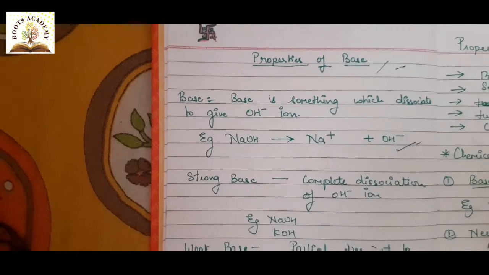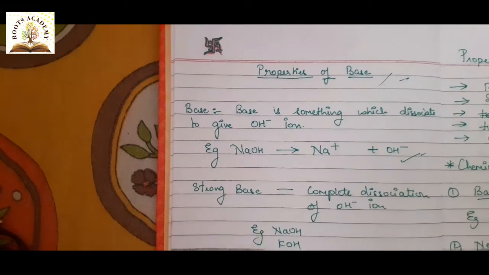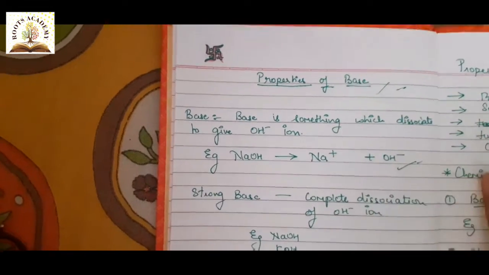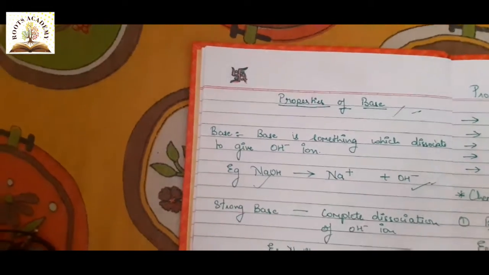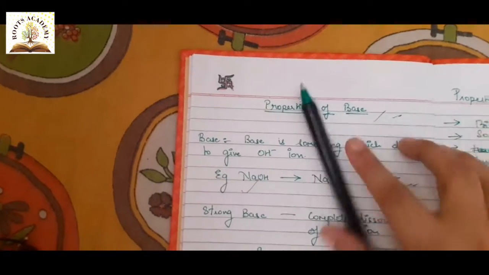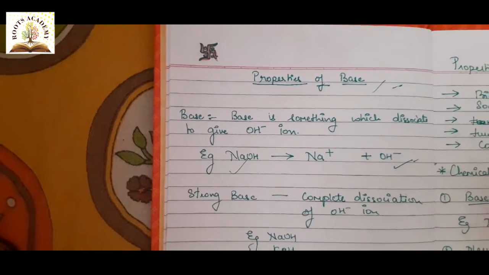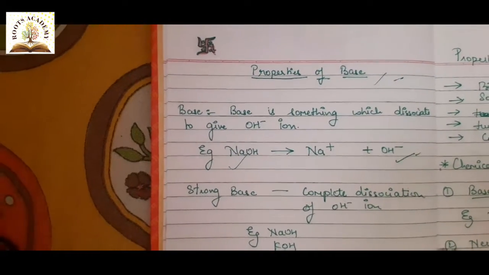When you dissolve sodium hydroxide in water, it dissociates into Na plus and OH minus, so it is giving OH minus ion. So obviously sodium hydroxide is a base. So any compound which consists of OH minus ion, or which dissociates in water to give OH minus ion, is called a base.